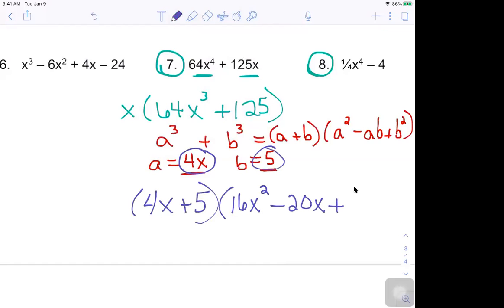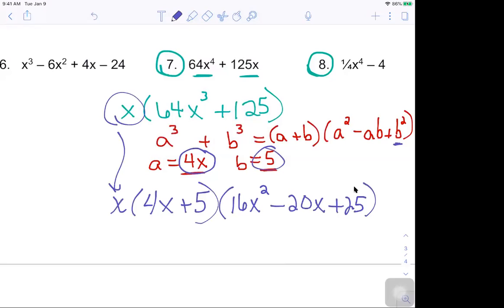Always plus, and then the last part is b squared. Well, 5 squared is 25. And then it's factored. The last part I have to remember is that GCF, don't forget to write it in the final answer. So we factored this one with perfect cubes.